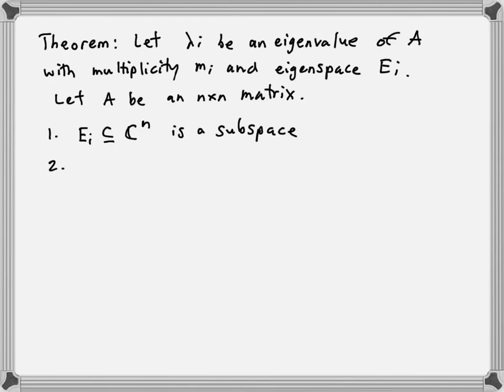Number 2, what do we know about the dimension of E_i? The dimension of E_i is actually between 1 and its multiplicity. Okay, the dimension is always between 1 and its multiplicity. Why? Well, the smallest number of linearly independent eigenvectors that an eigenspace can have is 1.